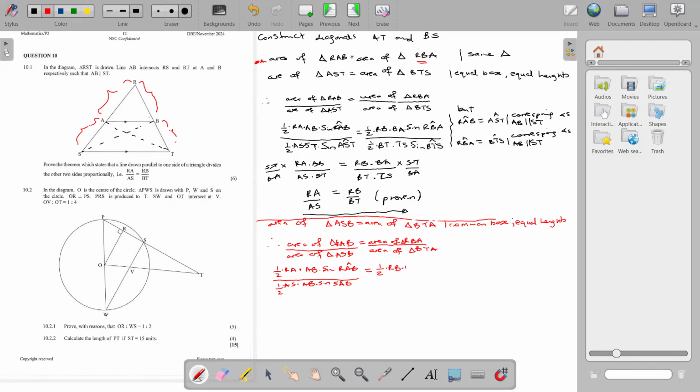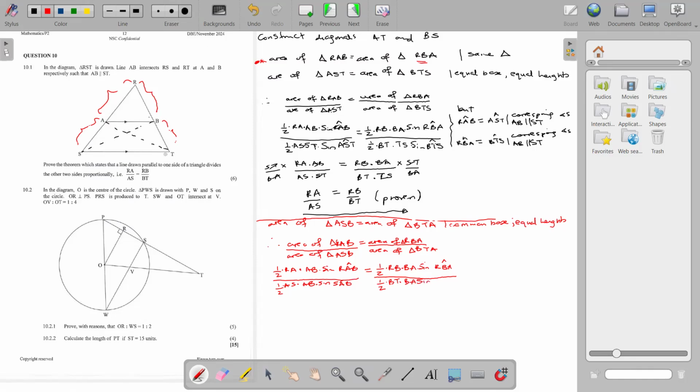Then we have BA. Then the included angle is going to be sine RBA, divided by half BT, then we have BA sine.